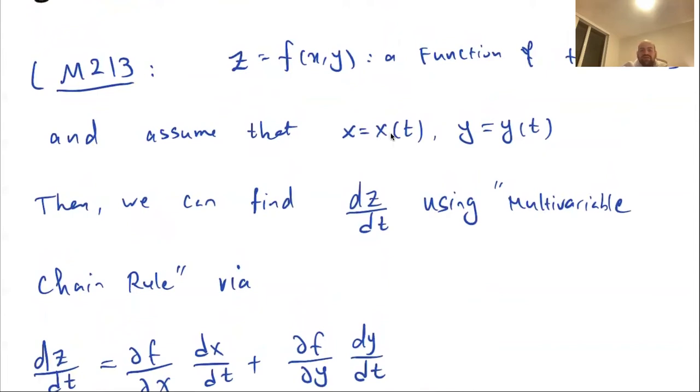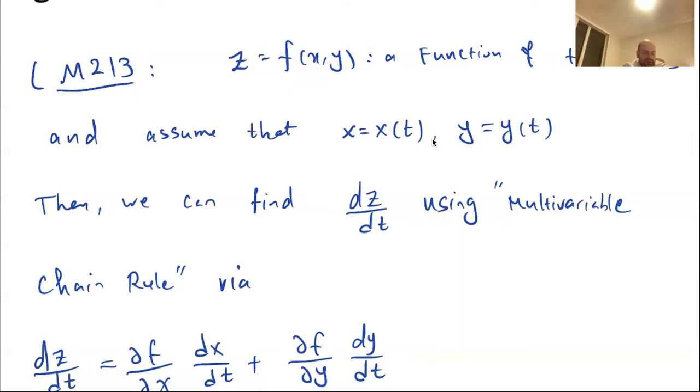Here t is an independent variable, and x and y both depend on t. So we have one independent variable, t, which could be time.